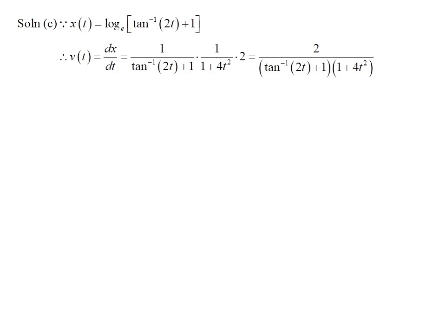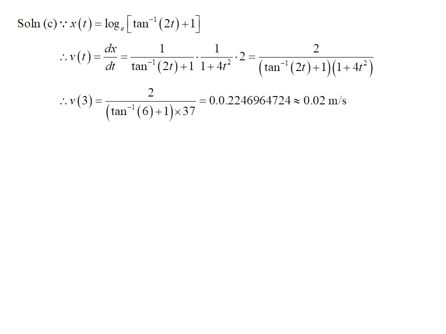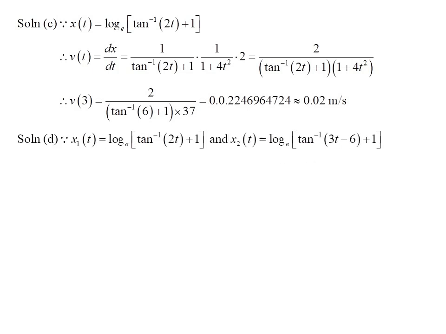So when t equals 3 seconds, v of 3 can be calculated by substituting 3 for t, which approximately equals 0.02 meters per second.